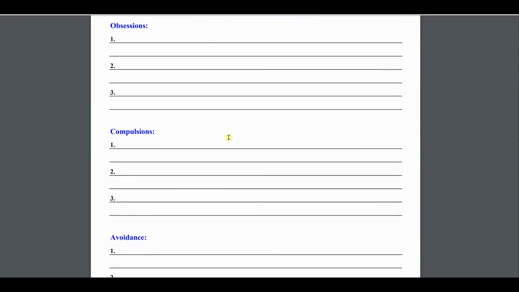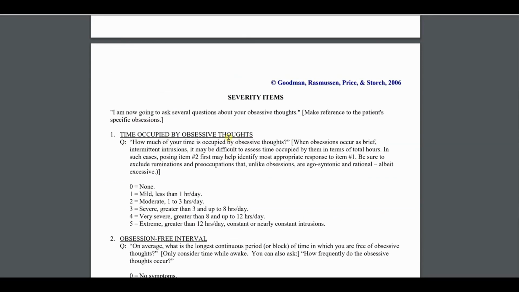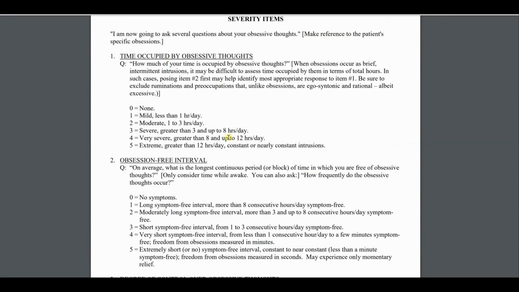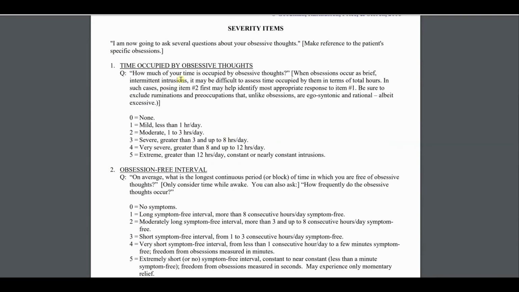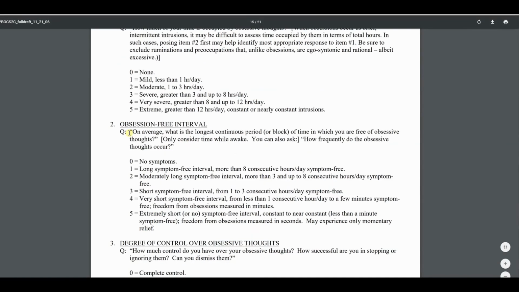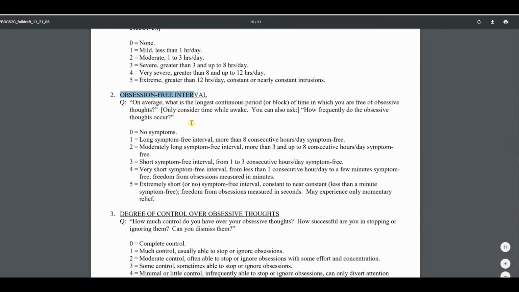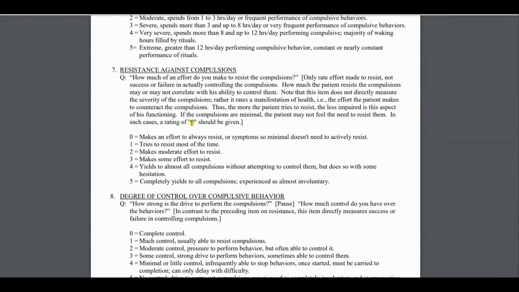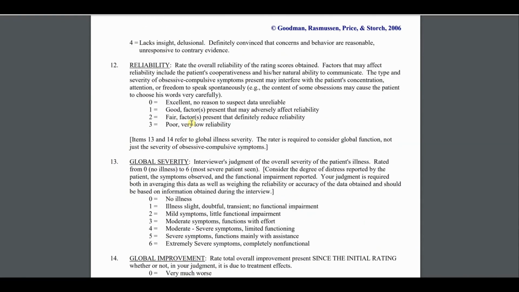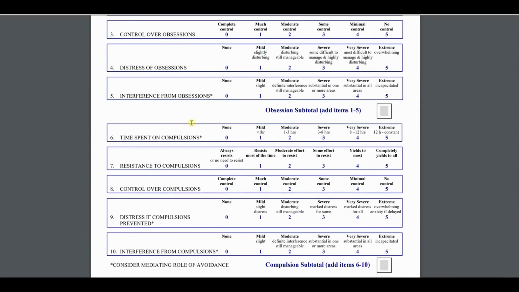And then they collate those items, and then they actually assess for severity, asking time occupied by obsessive thoughts, obsession-free intervals, etc., and so forth. And so basically what happens in the end of the Y-BOCS, again, this is a long clinician-administered scale, but they can actually rate them.